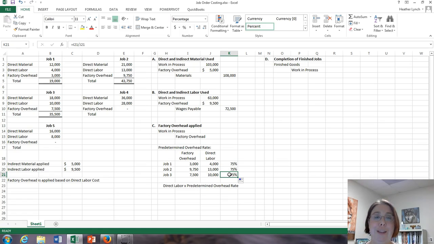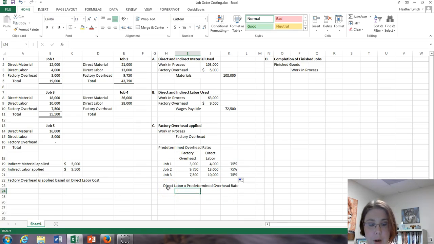Now, if this hadn't worked out, since this is based on direct labor cost, we would apply each percentage to it. Since everybody is 75%, the 4,000 plus the 13,000 plus the 10,000 is 27,000.